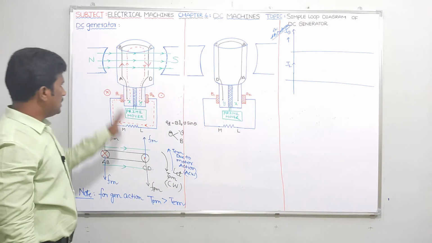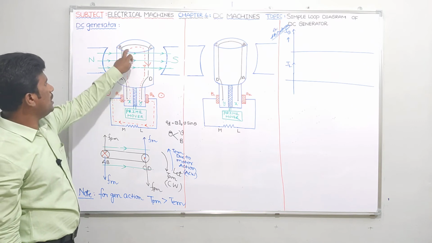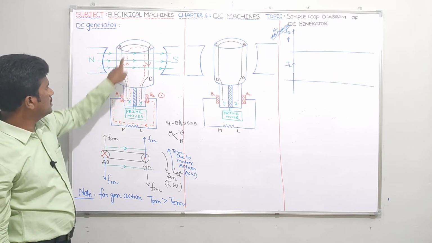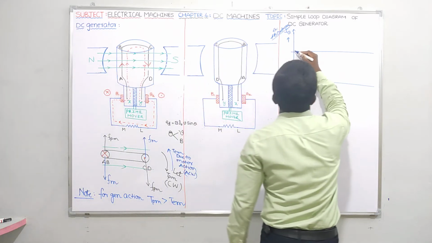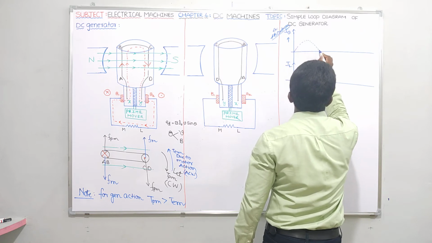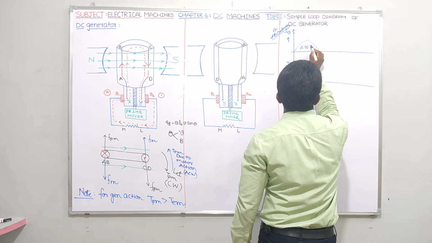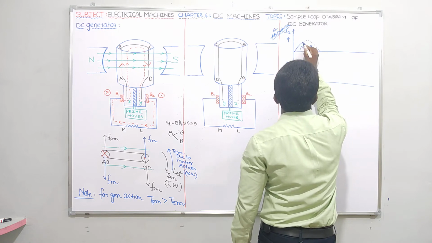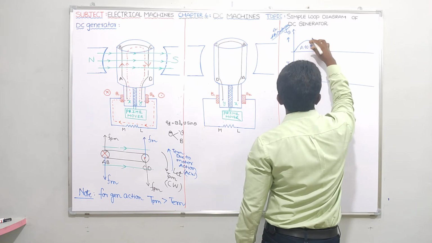Tell me, guys, in this case how is current flowing in the AB conductor, whether A to B or B to A? See, A to B. So A to B, let me show like this. Right.